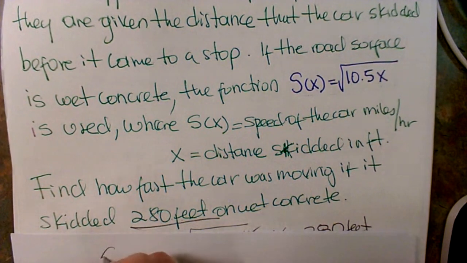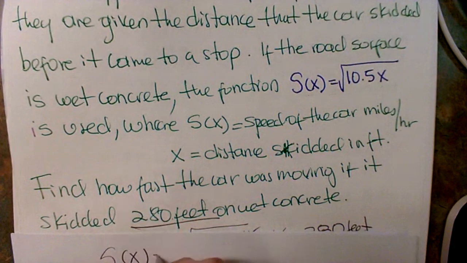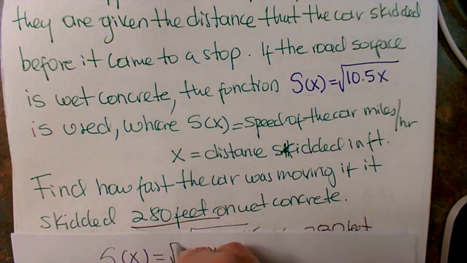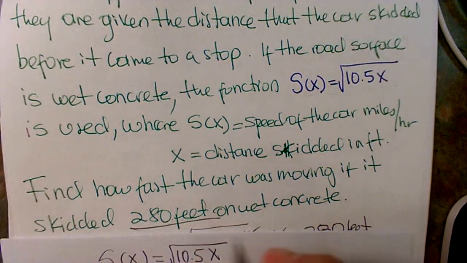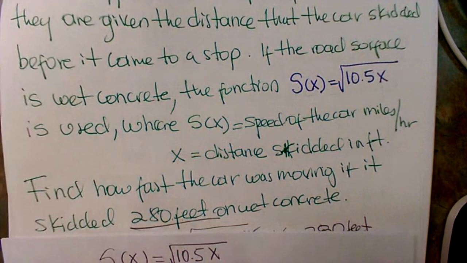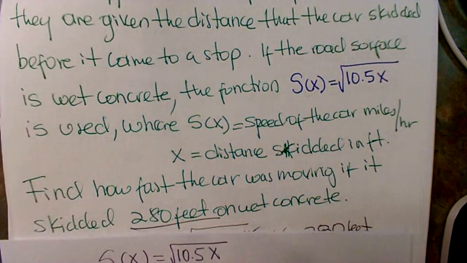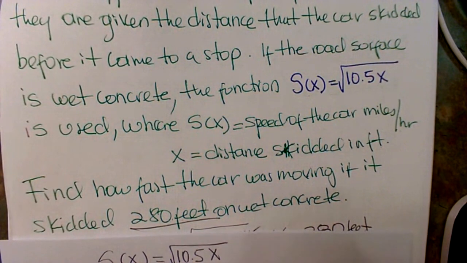So what do we have? We have the equation that they're giving us. That is this one, right? We need to find when x is equal to 280. So it's 10.5 times what? 280.